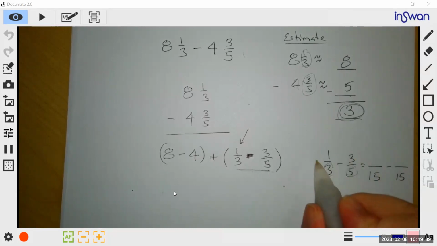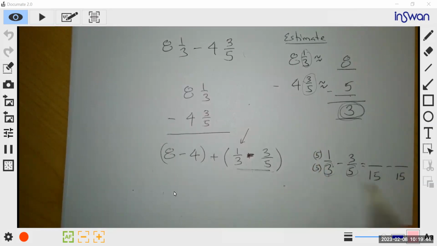So 3 times 5 is 15. So 5 times 1 is 5. 5 times 3 is 15. 3 times 3 is 9. 5 minus 9 is -4. We can't have that.